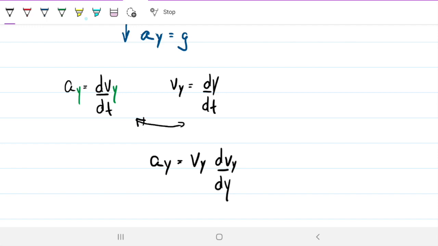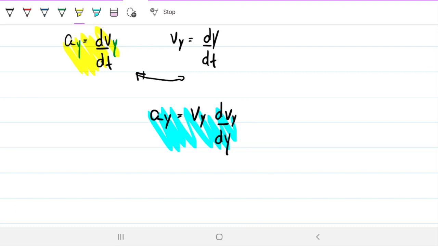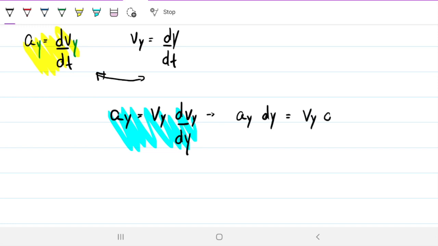Note that over here we have an equation that relates acceleration and position, and over here one that relates acceleration and time. I'm going to use those two equations to solve this. Let's start with this one: a_y dy equals v_y dv_y.